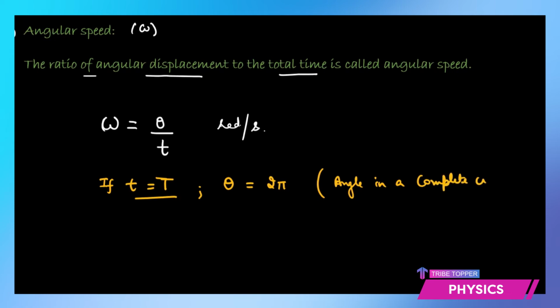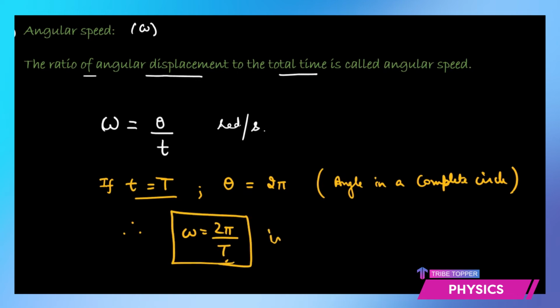So theta is equal to 2 pi. Therefore, the expression becomes omega is equal to 2 pi by T. This is a very, very important standard relation. We got it from omega is theta by t, but when t is capital T, then theta is 2 pi, so omega is equal to 2 pi by T.